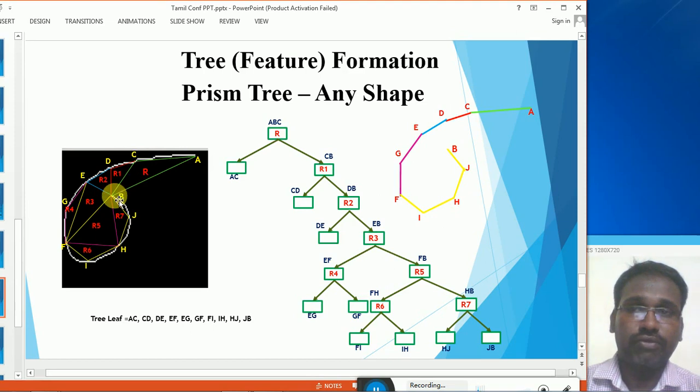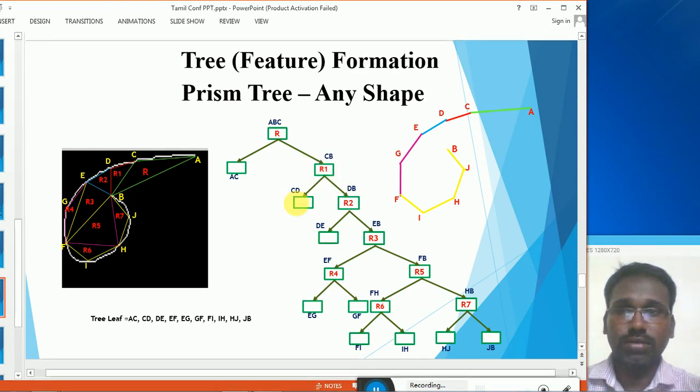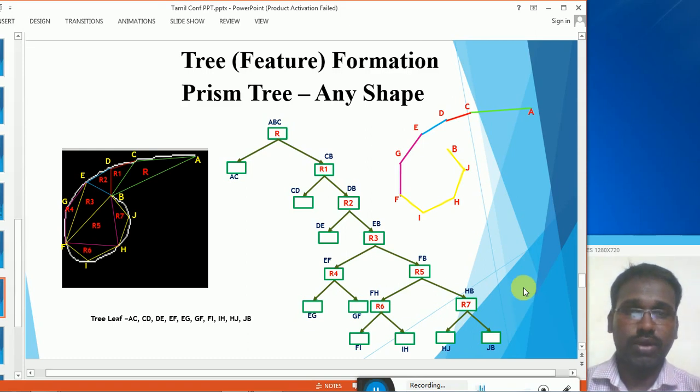Then we can form a new triangle from BC, that is extended. The advantage is that when the structure is complex, you will get more leaves in the tree. This gives an accurate shape result. It's a very good algorithm for representing shape.